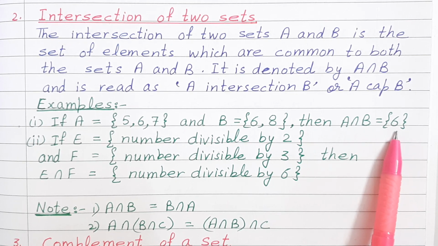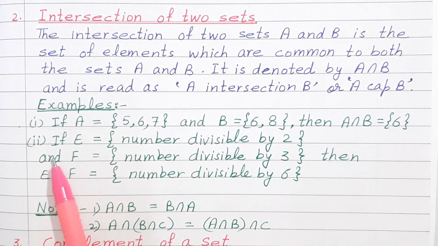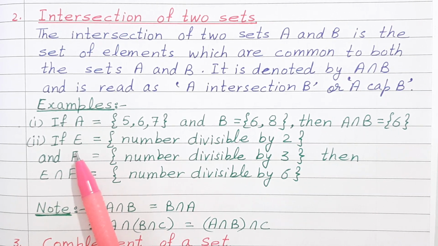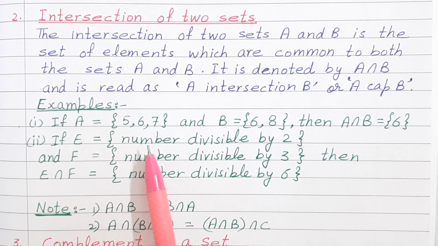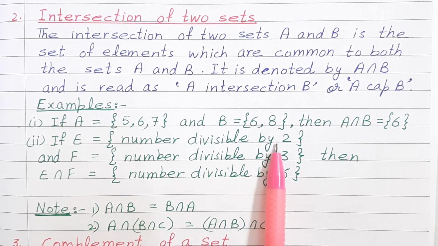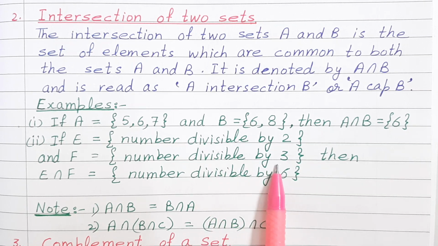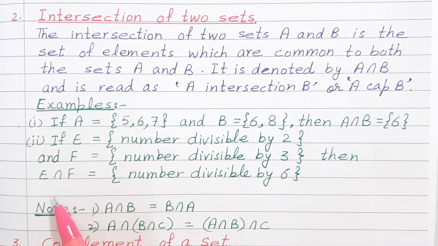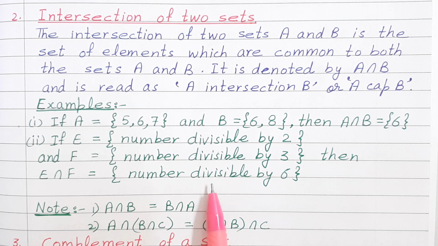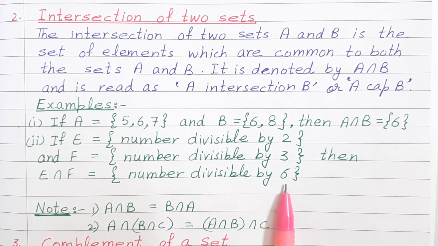Clear? Now see the same second example that we have discussed in the case of union. If E is numbers divisible by 2 and F is numbers divisible by 3, then the intersection will be numbers which are only divisible by 6.